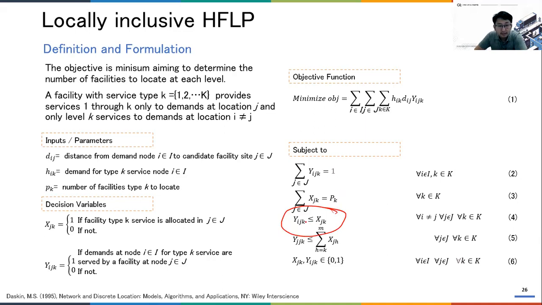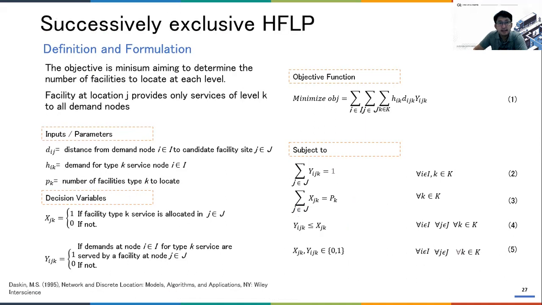If you want one particular facility to only serve one particular type of service, you need to add this constraint, and it's called the locally exclusive HLP.